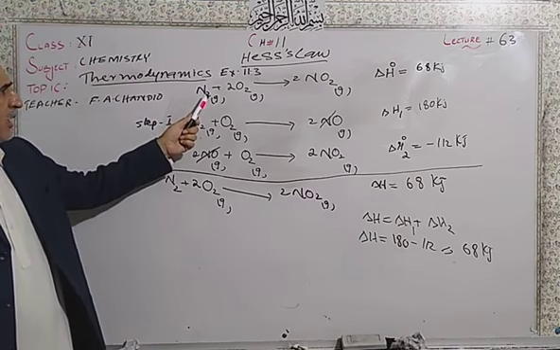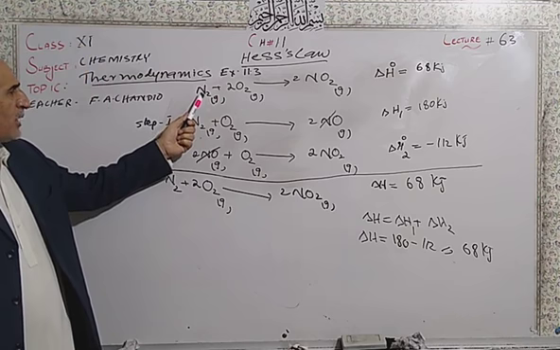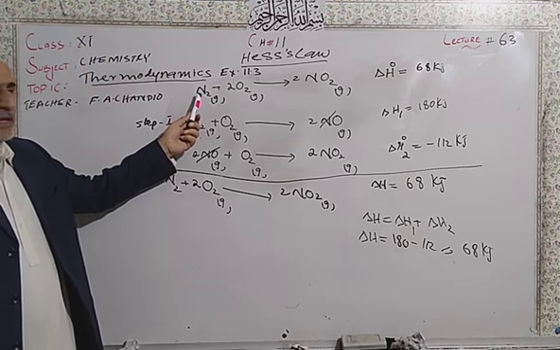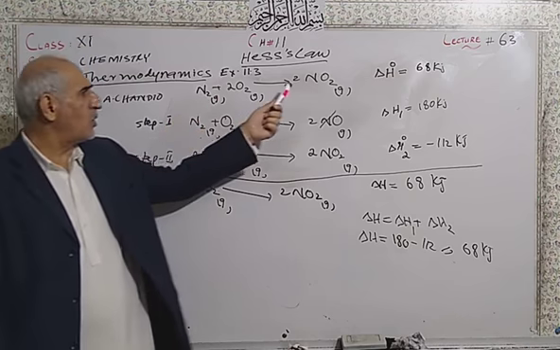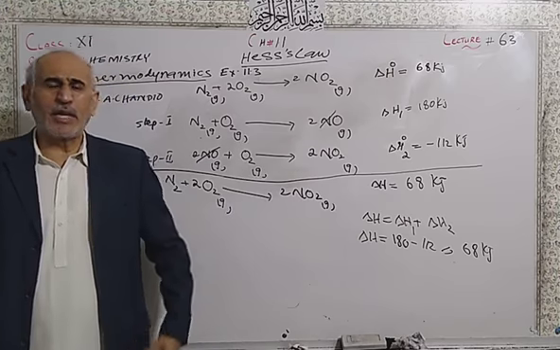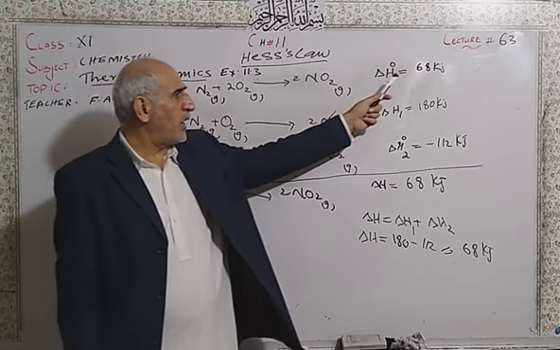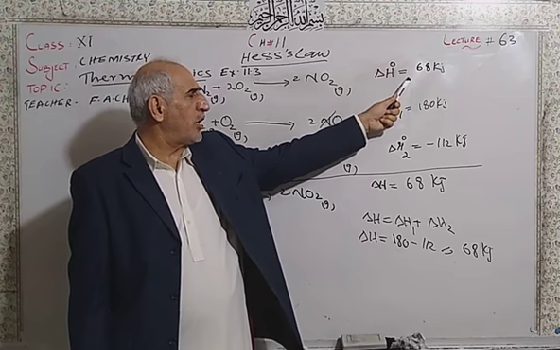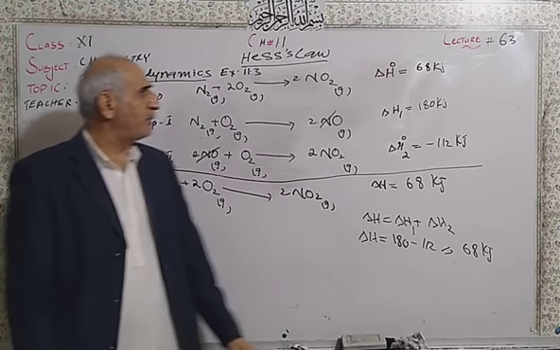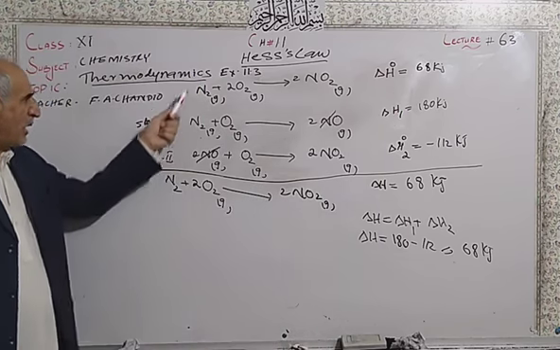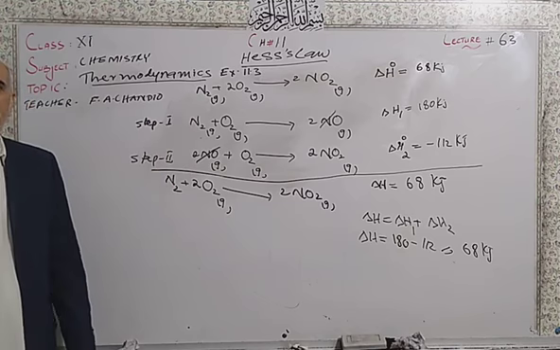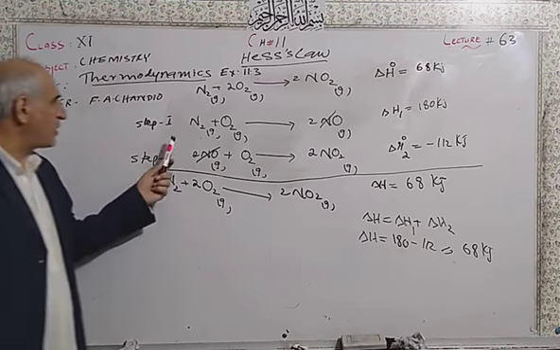According to Hess law, if the chemical reaction completes in one step, initial state to final state, and the amount of energy absorbed is 68 kilojoules, and the same chemical reaction completes in more than one step, 2 steps.